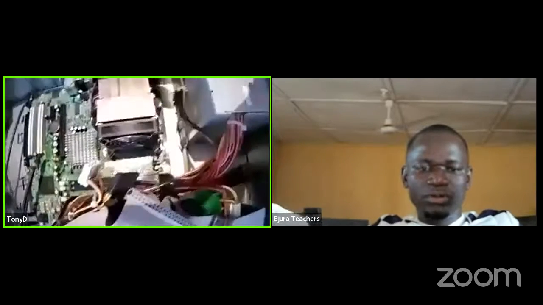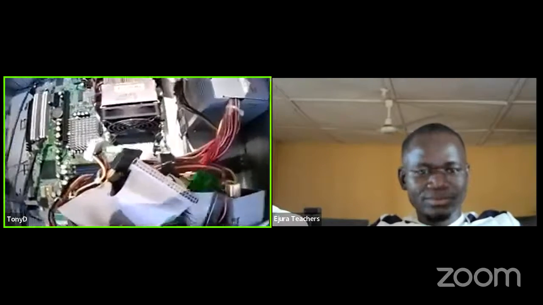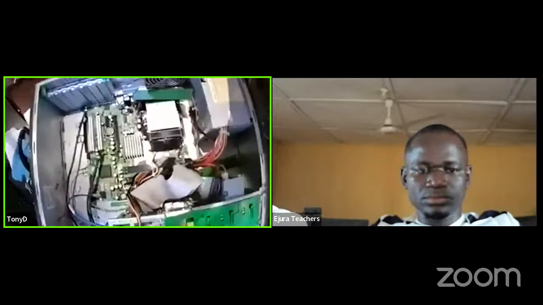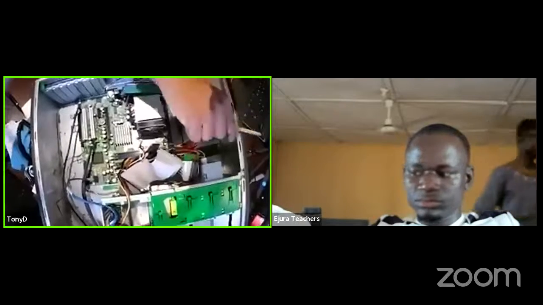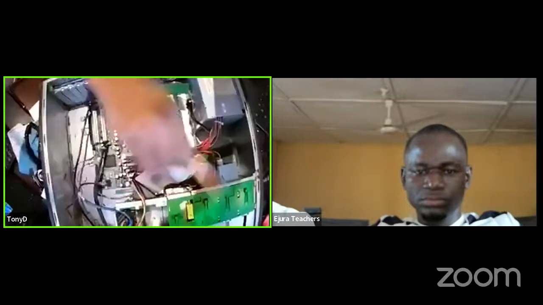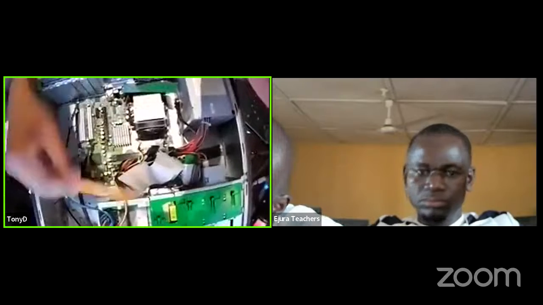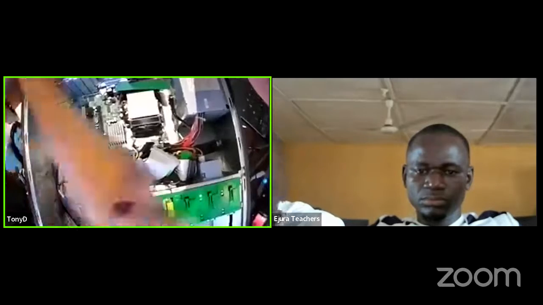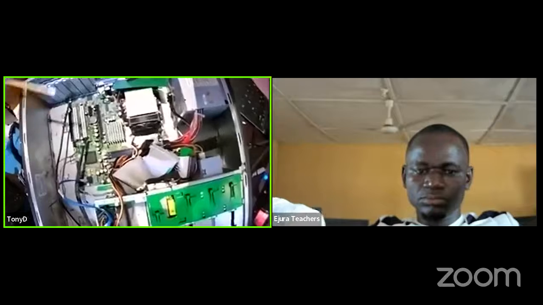This is the computer case that protects everything inside here. Without the case, everything over here is not protected, so the case is very, very important.